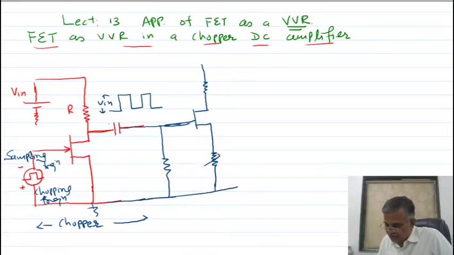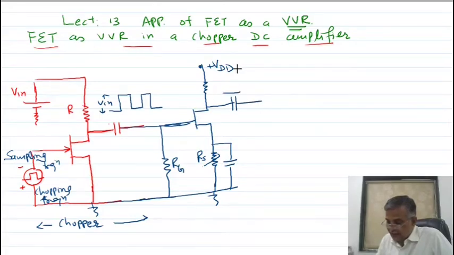Sometimes they show this variable for changing the gain. Here they are giving some voltage VDD or VCC, and at this point you will get amplified signal like this.